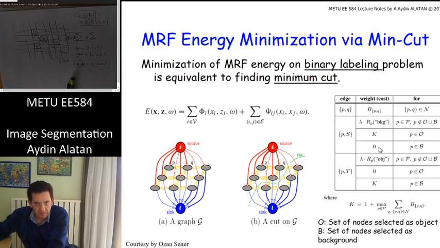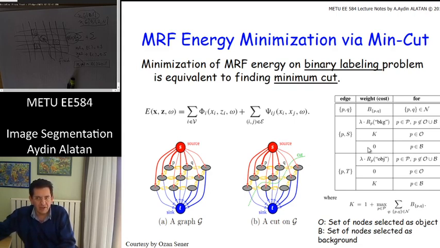If P is, by some reason, a priori knowledge, user interaction, known to belong to background, you give zero cost. S is background, okay?